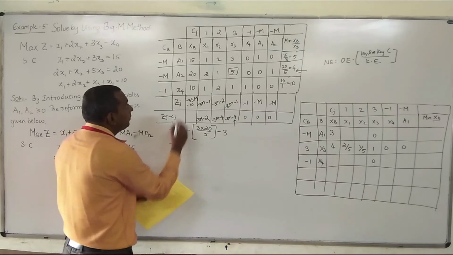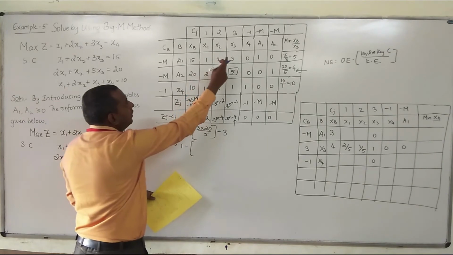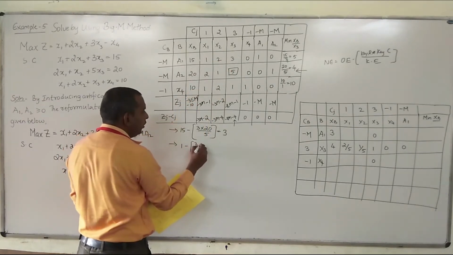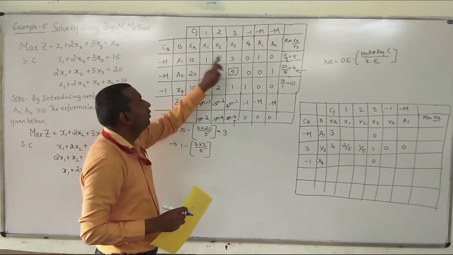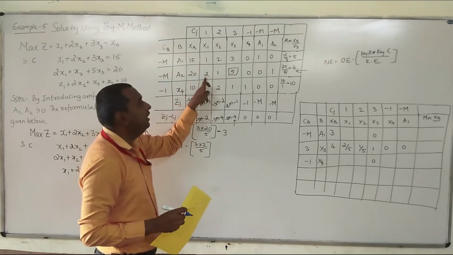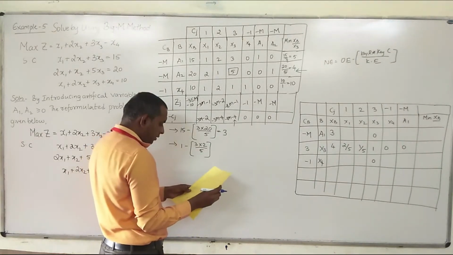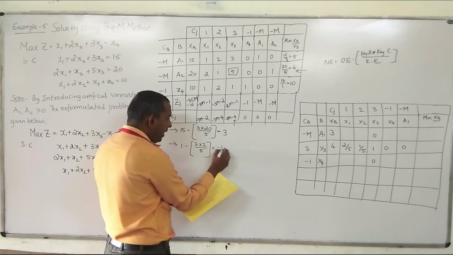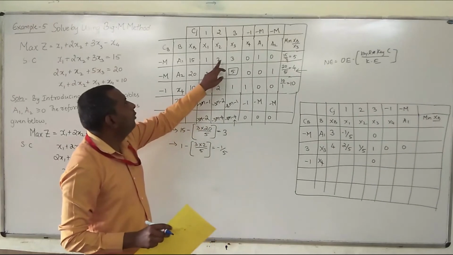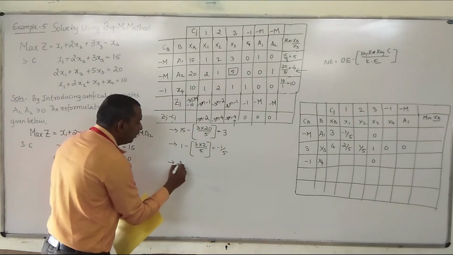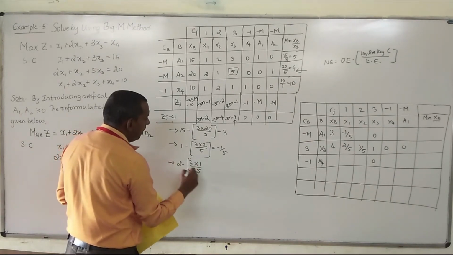Then the next one is 1 minus 3 into 2 divided by 5. The old element followed by the product of key row and key column. The answer is minus 1 by 5. So let me write minus 1 by 5. Then this element is 2 minus 3 into 1 divided by 5.